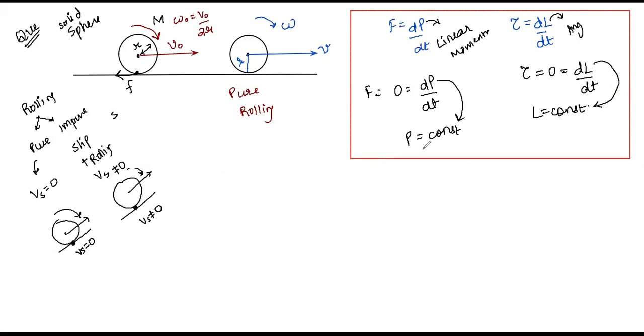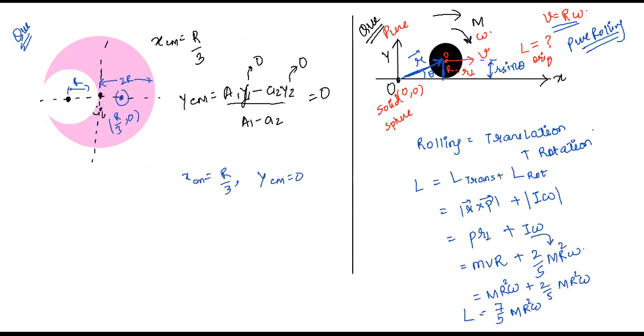See here, until now, this F and P were absolute quantities, but whenever I'm talking about torque and angular momentum, we always calculate them about a reference point, right? Like in the last question, we were talking about angular momentum about the origin. Do you remember this, Atul? Yes, sir.